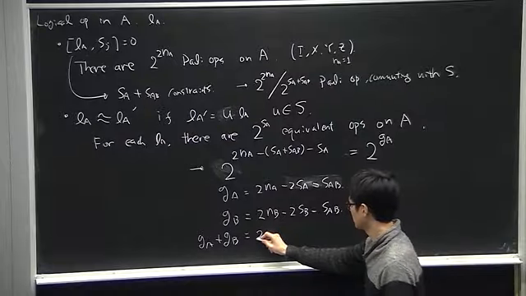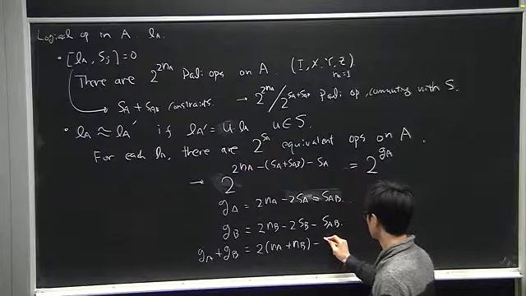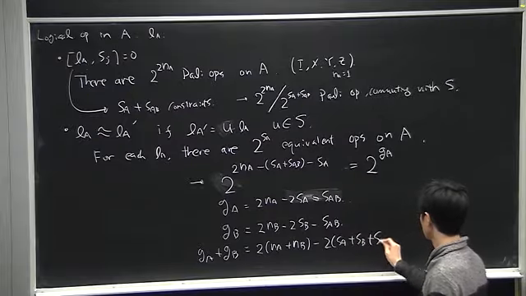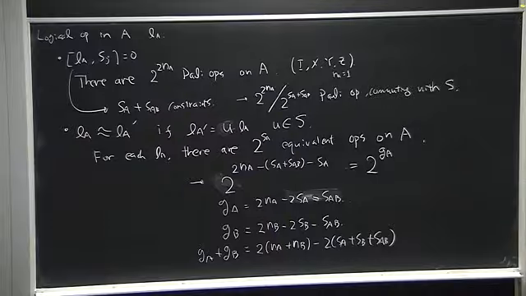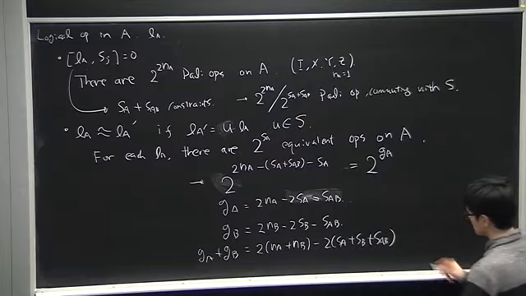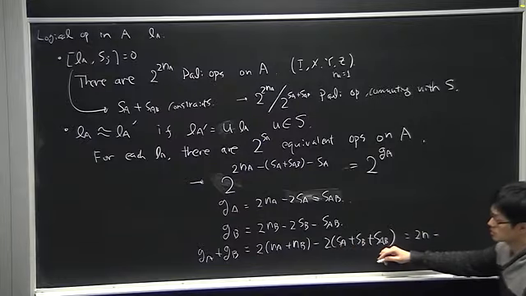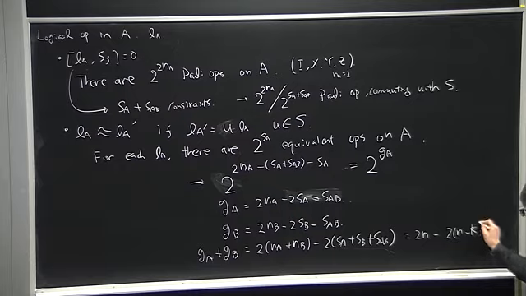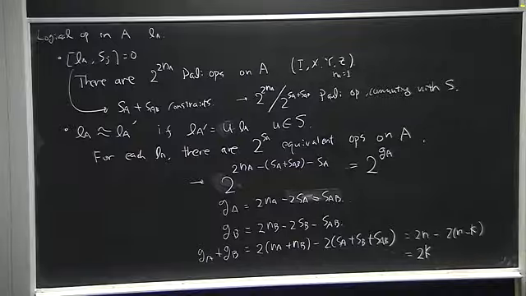Then we get the following. Good. But the first term, this object, is 2n, then this object is the number of independent generators, so it should be equal to 2k.